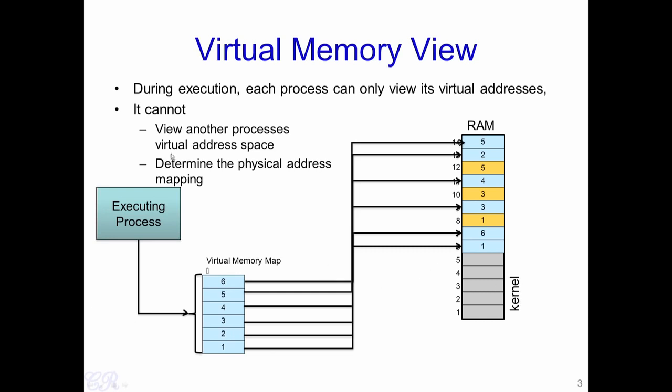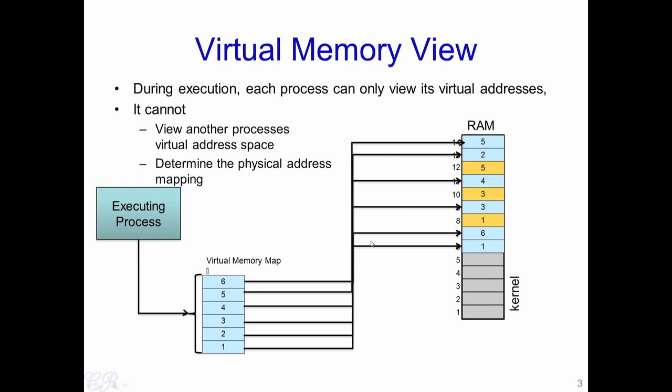Essentially, the executing process would only know its virtual addresses, and with those virtual addresses, it can only access the user space of the virtual memory map. So, we had seen that the MMU then transfers this mapping into corresponding physical addresses. So, the executing process will have no way to determine what the corresponding physical address for its memory accesses are.